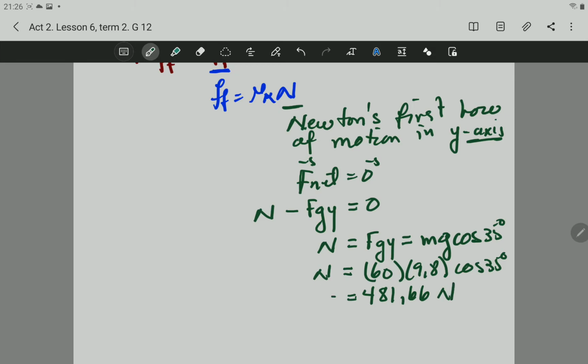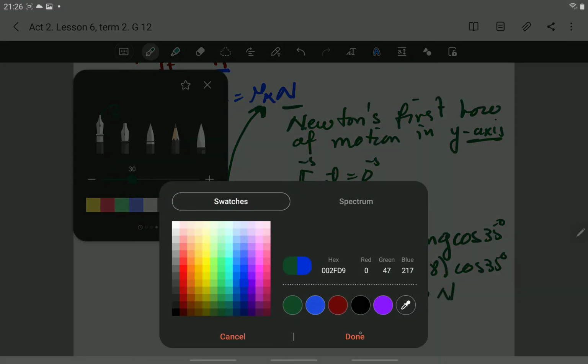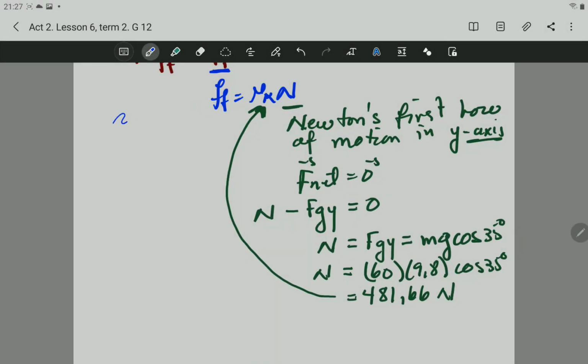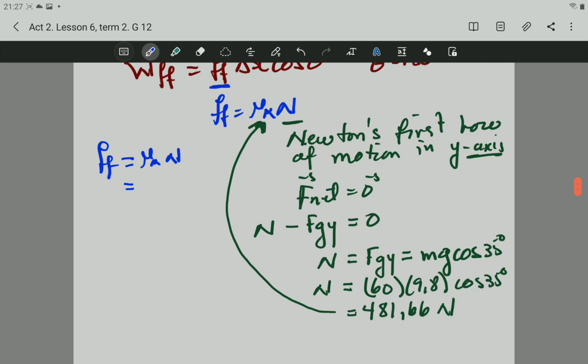Now we are going to substitute this value in this formula so we can calculate the frictional force. The frictional force is equal to the kinetic coefficient of friction multiplied by the normal. Remember the coefficient was 0.08, and the normal calculated here is 481.66.